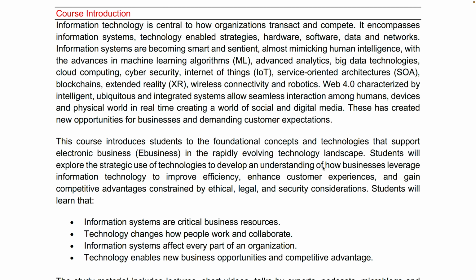Today the information technology is central to how organizations transact and compete. Information technologies can be a source of strategic advantage.